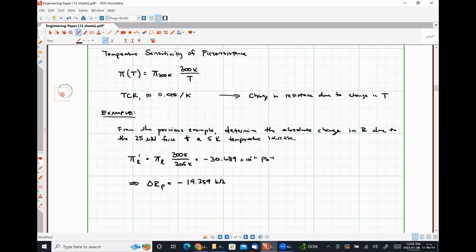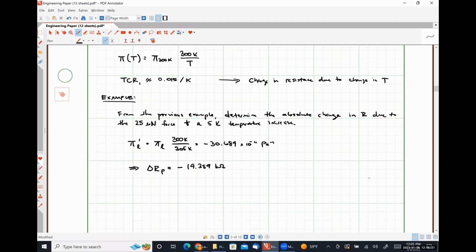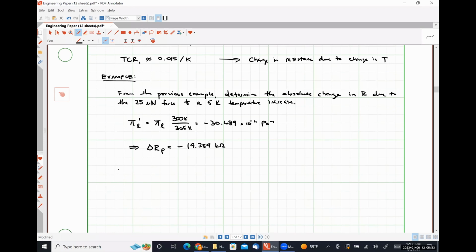Now let's look at how the value of the resistor changes just due to temperature because the resistivity changed. For the resistivity change due to temperature, we are going to have delta R, and I'm going to put this subscript T, so this is purely temperature dependent.